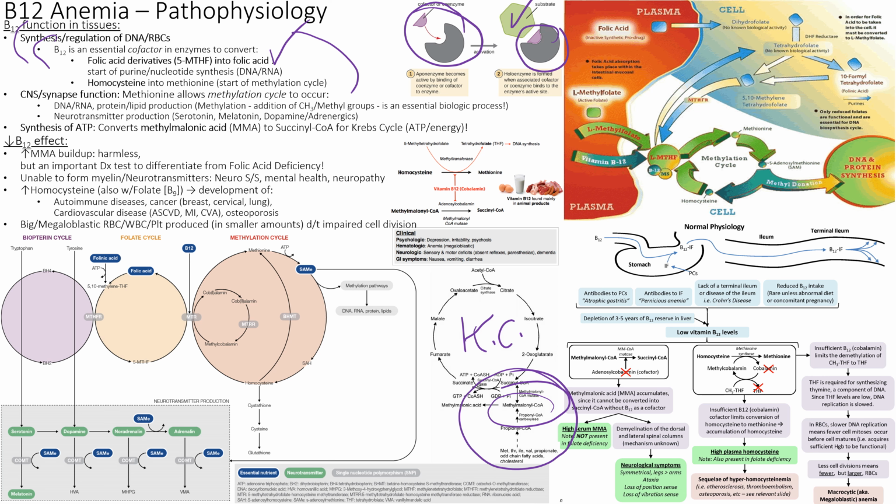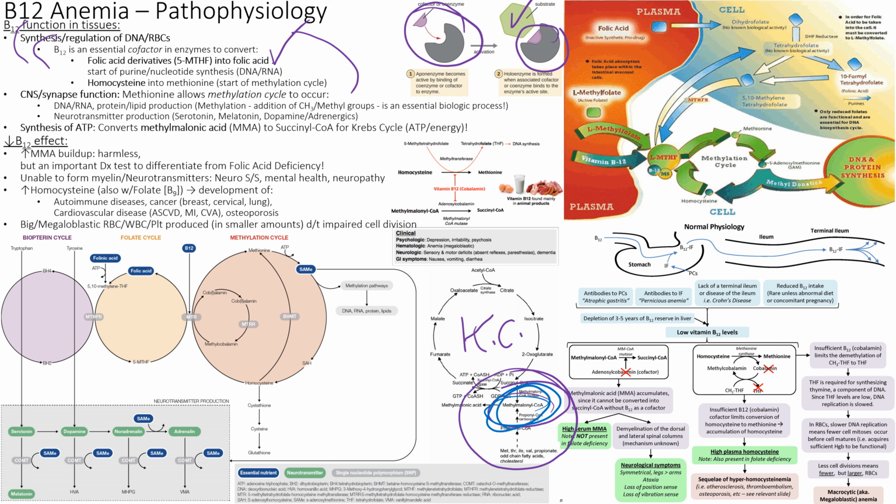It converts the homocysteine into methionine. Why is that important? Because if you don't have B12 right here to convert and break down that homocysteine, homocysteine builds up, and homocysteine is implicated in pretty much every cardiovascular disease and cancer and such.